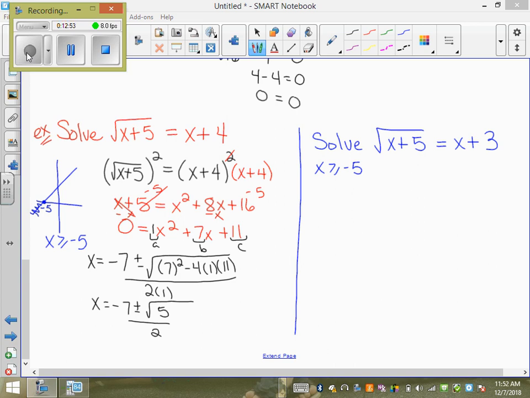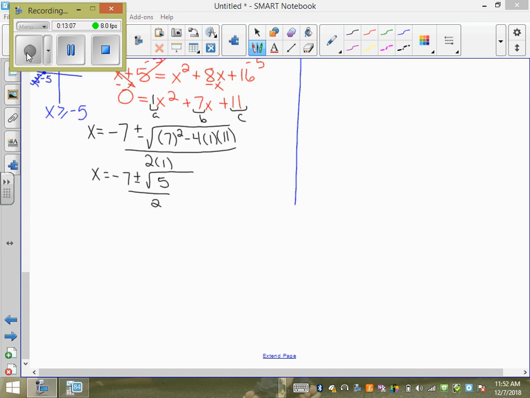Do both work? Do both answers exist? When you type it into your calculator, do you get 2 answers? Which one works? The negative or the positive?